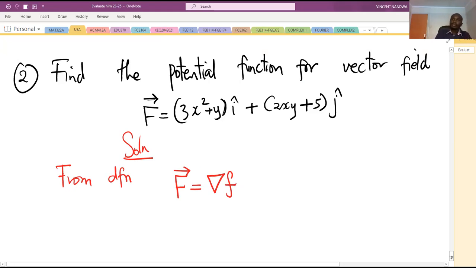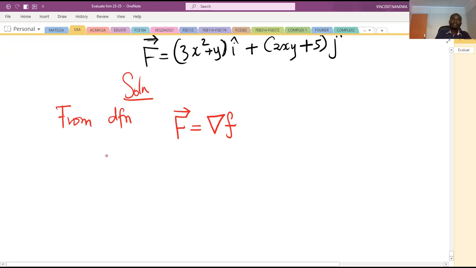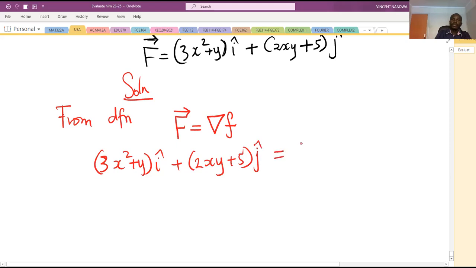So which means we'll have 3x squared plus y i plus 2xy plus 5 j equals partial f partial x i plus partial f partial y j.